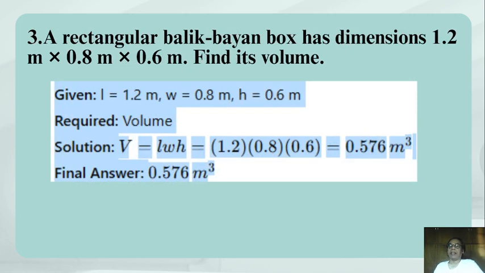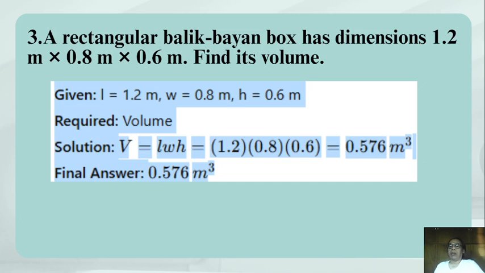Number 3. A rectangular balikbayan box has dimensions 1.2 meters times 0.8 meter times 0.6 meter. Find its volume. So we are given L 1.2 meters, W 0.8 meter, H 0.6 meter.